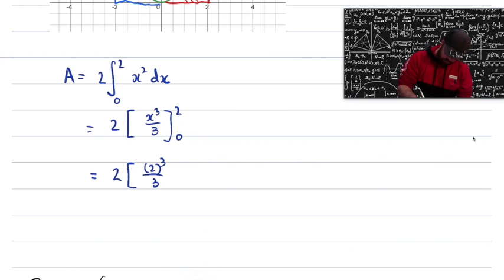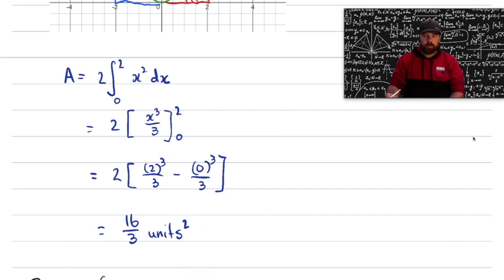Let's just do it properly. That minus 0 cubed on 3, which is just then 16 on 3 units squared.